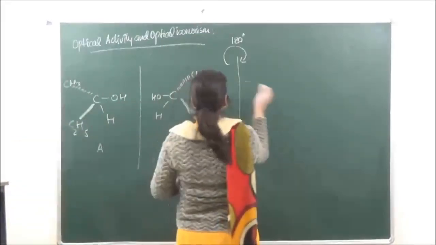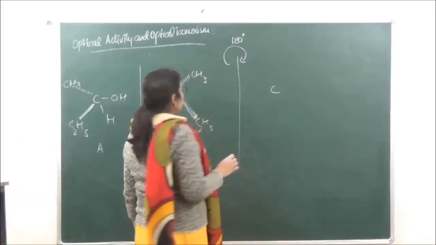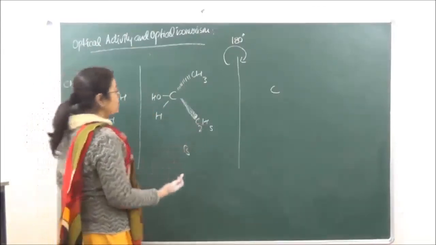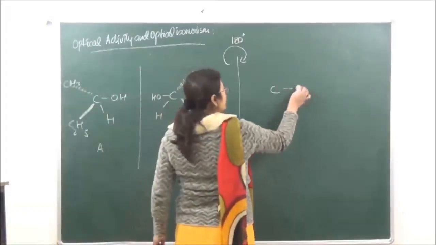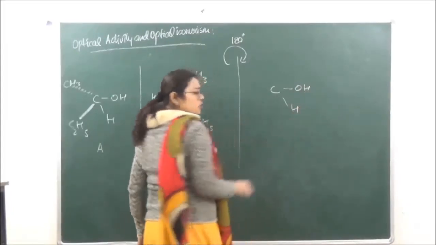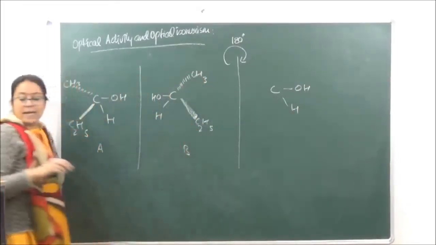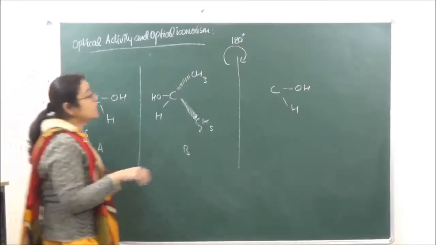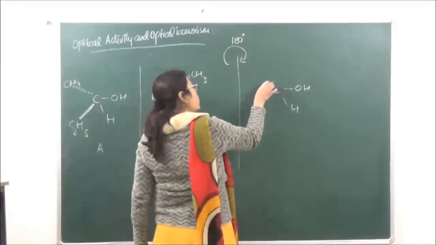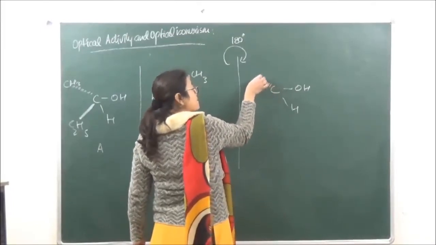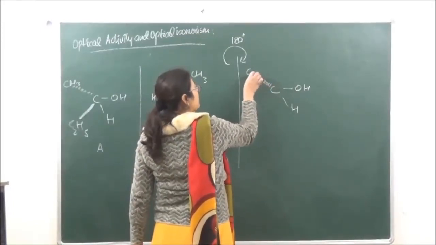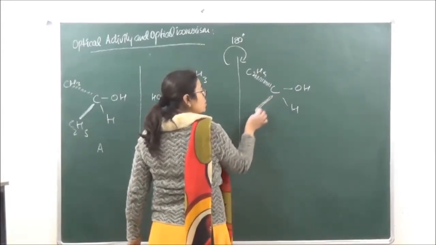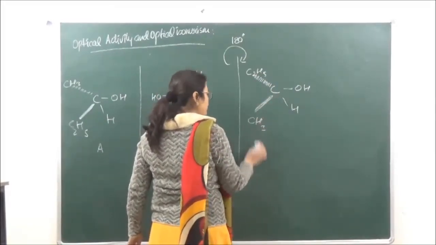You're rotating this by 180. So what are we going to get over here? Like this you're rotating. So we will get OH on this side. We will have H on this side. Okay? And as far as C2H5 and CH3 is concerned, now C2H5 will go at the back of the paper and CH3 is going to point towards you.